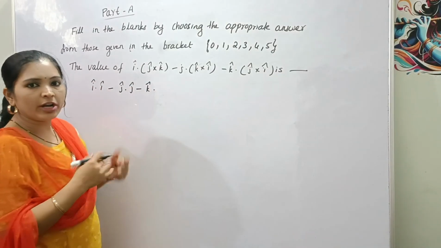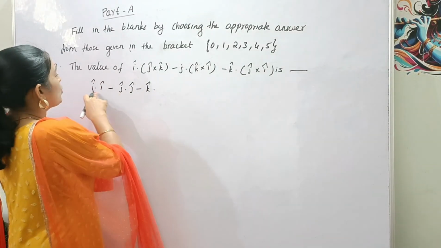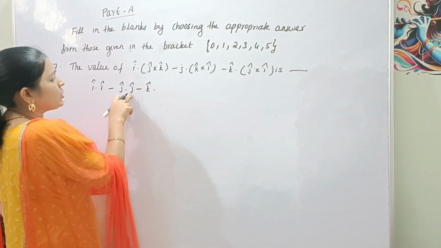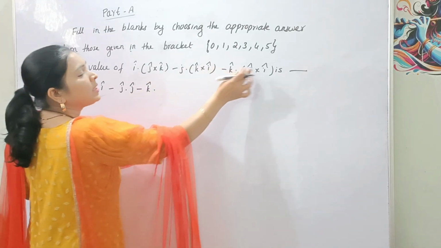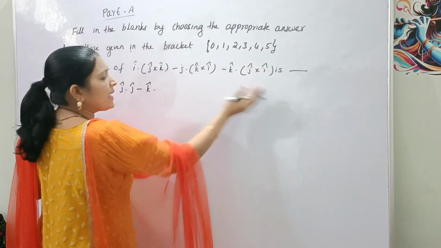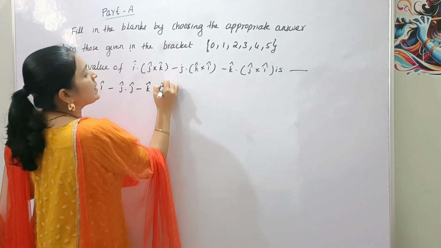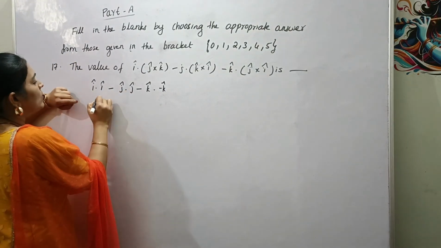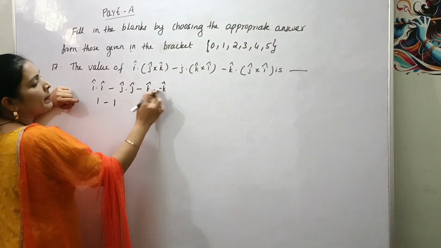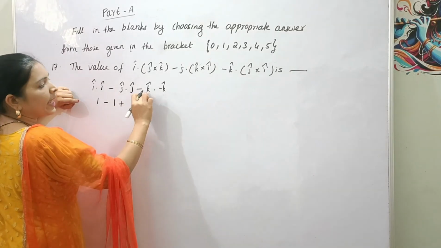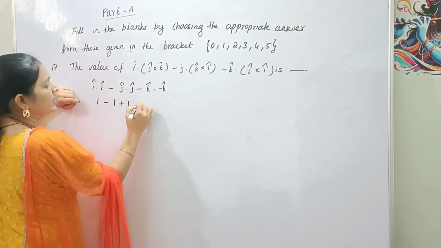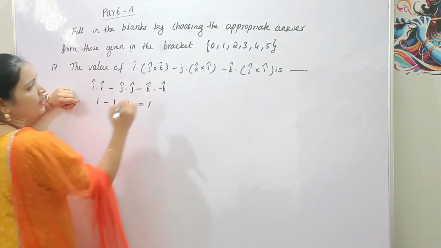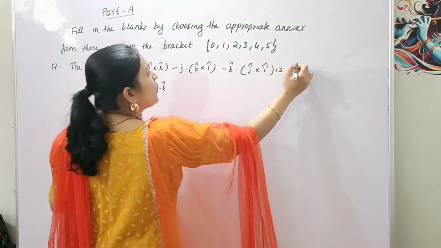These all things we have already studied in vectors. So i dot i minus j dot j minus k dot j cross i is minus k. Here i dot i is 1, 1 minus 1, minus minus become plus, k dot k is 1. That is equal to 1, right? So the answer is 1.